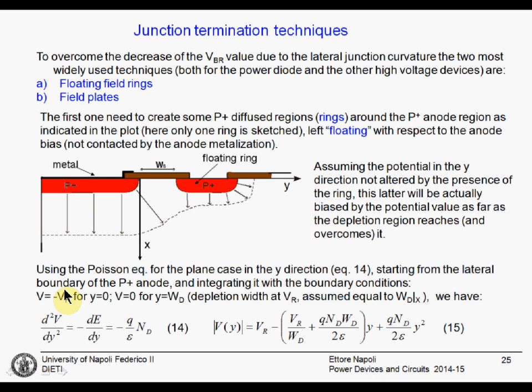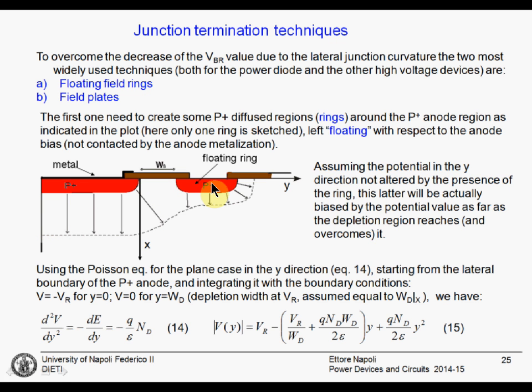Then you increase the cathode voltage, biasing the diode in reverse condition. A depletion region deploys along this junction and starts to extend here. Later it will go here.